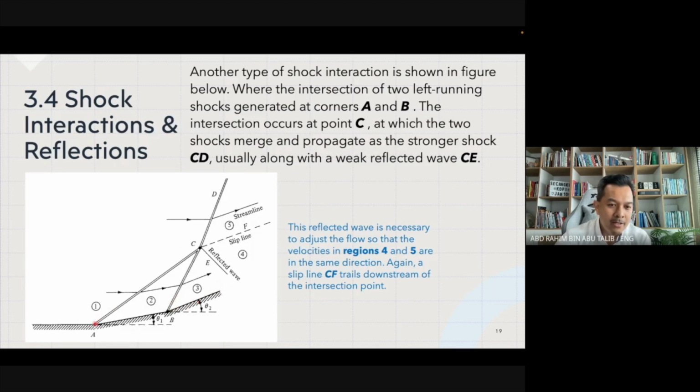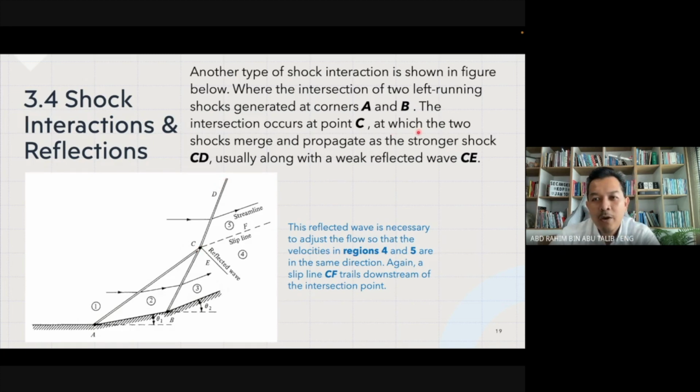The first one from A to B is the shock wave, and then from B to another point we have another shock being produced. It intersects at point C, and we have generated another shock, which is CD.